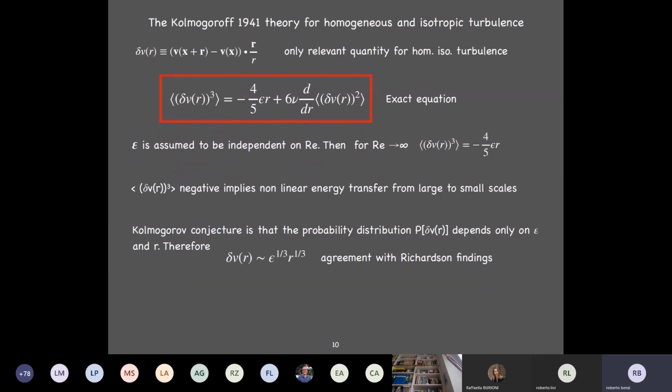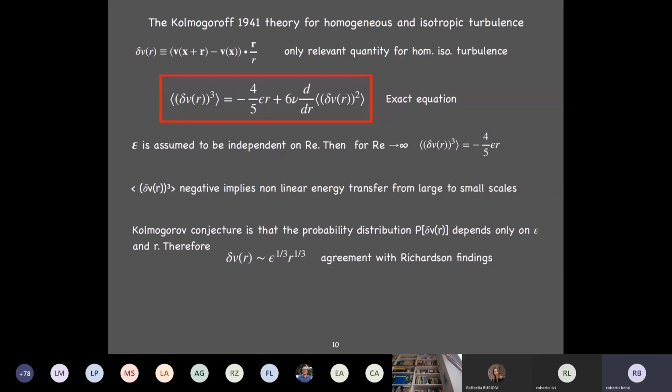Now, almost 20 years after Richardson diffusions, Kolmogorov made his breakthrough in understanding one of the most important properties of turbulence. He started with the case of homogeneous and isotropic turbulence, and first of all, he introduced a quantity which will play a fundamental role in the rest of my talk, which is the velocity difference between two particles, and in particular not all the possible velocity components, but the one in the direction of the distance separating the two particles, so the longitudinal part of the velocity difference.